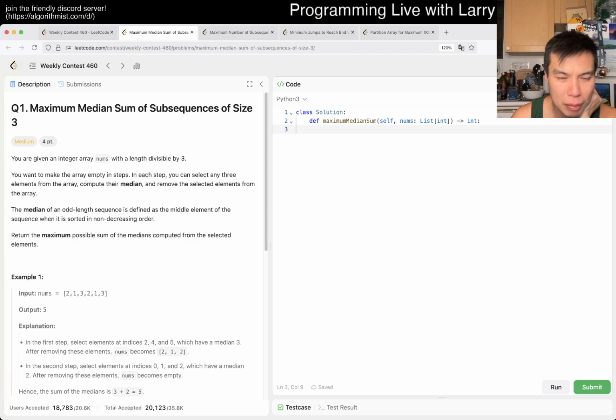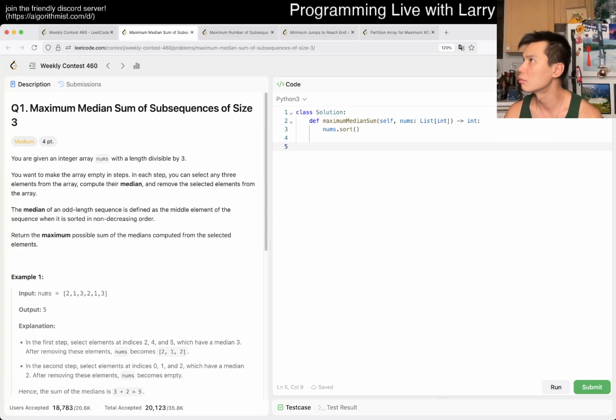Maximum possible sum. So you take the min and then max 2 maybe? Min max 2, min max 2. I feel like that's a previous problem, but in any case.